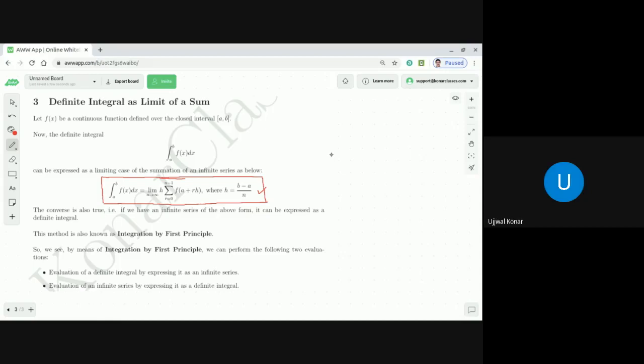So what it generally says, dear students, is that we'll discuss all these things later in detail, but I just want to give you the initial idea. So this is the positive direction of the x-axis, this is the negative direction of the x-axis, this is the positive direction of the y-axis, this is the negative direction of the y-axis, and this is the origin. Suppose we have a curve, something like this, y equal to f(x).